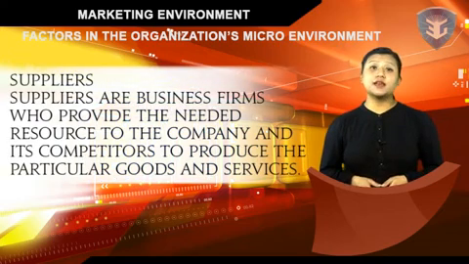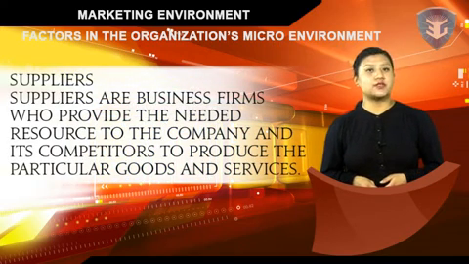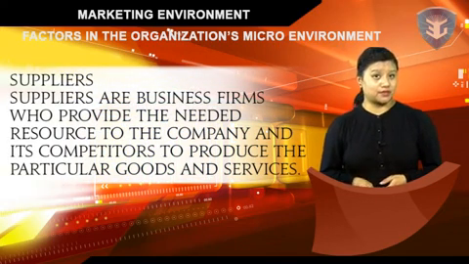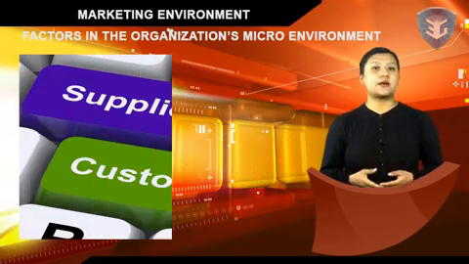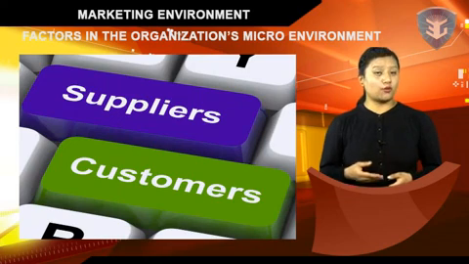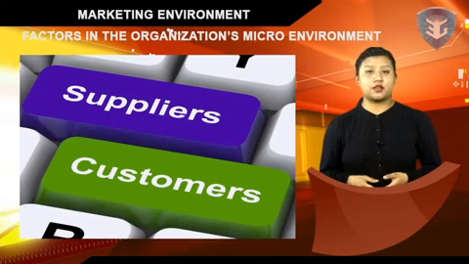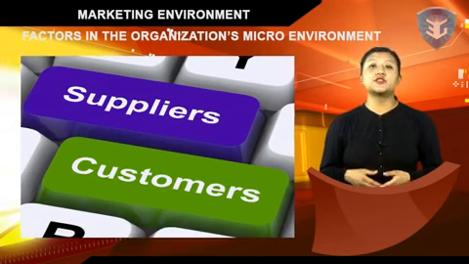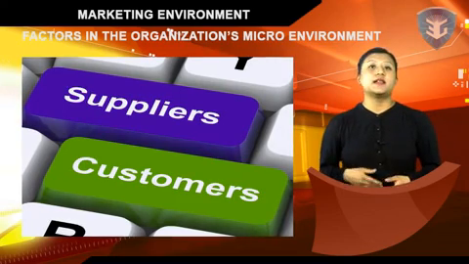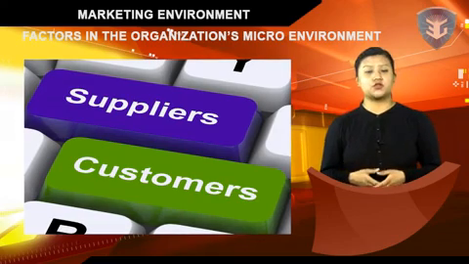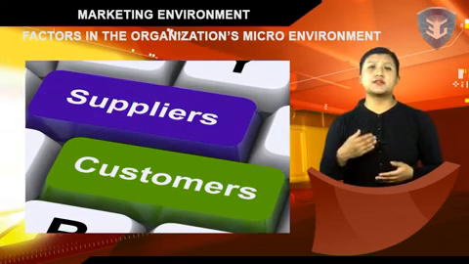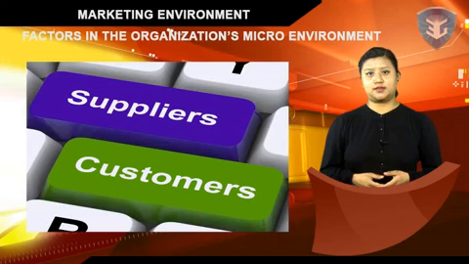Suppliers. Suppliers are business firms who provide the needed resources to the company and its competitors to produce particular goods and services. For example, Bakery de Sota must obtain sugar, wheat, cellophane paper and other materials to produce and package its breads. Labor, equipment, fuel, electricity and other factors of production are also to be obtained. Now the company must decide whether to purchase or make its own.